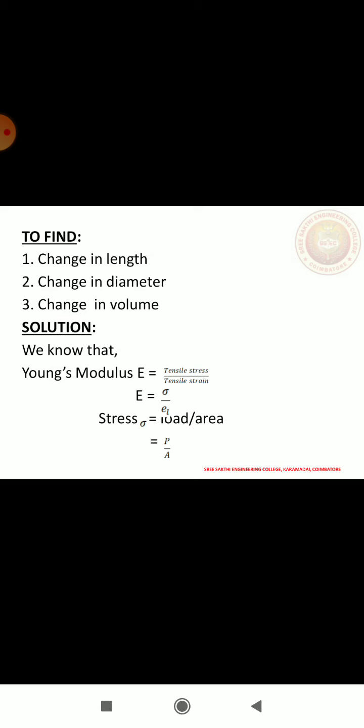We know the stress formula, sigma equal to load by area, P by A, and strain formula is change in length by original length, that is del L by L.